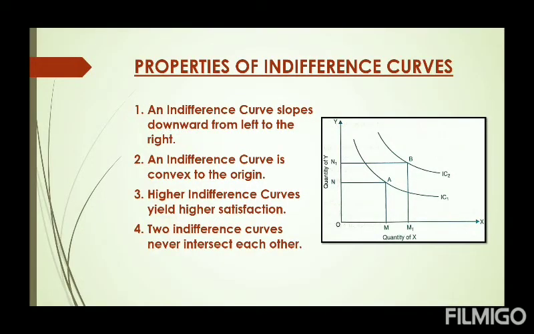The third property is that a higher indifference curve yields a higher level of satisfaction. That means an indifference curve which lies above and to the right of another indifference curve gives a higher level of satisfaction than the lower one. Here in the picture, you can see two ICs, IC1 and IC2.